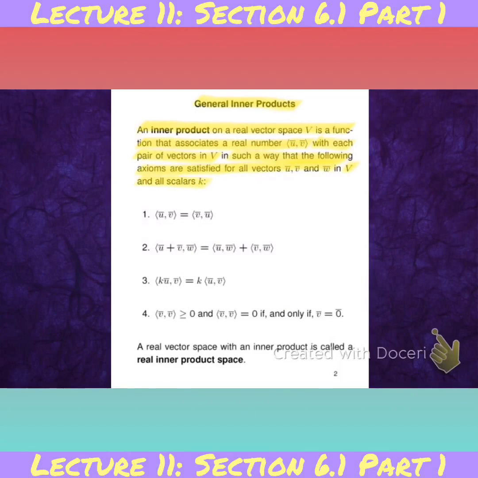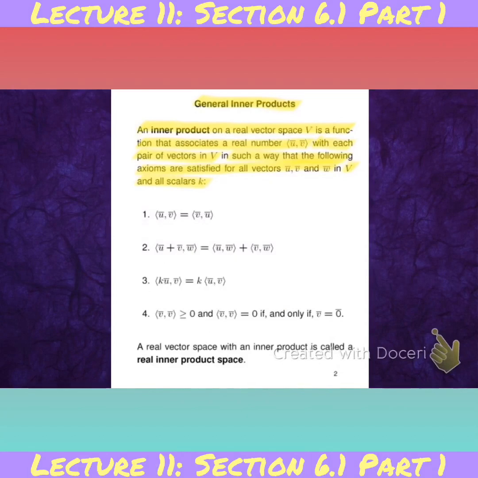Now remember, when we looked at vector spaces, there were axioms that needed to be satisfied for a set of vectors to be called a vector space. Now these four listed axioms are the axioms for an inner product.